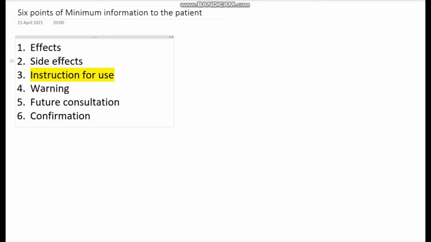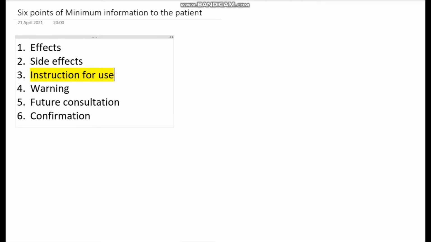For example, if a drug has to be taken in the morning, or if it is to be taken in the night time before bed, or it has to be taken before food, or it's to be taken after food, what you should not take along with the drug, and you have to take it for a complete week or for 2 weeks or for 2 months or 3 months. So that's basically what is the instruction for use. And that is a very important point to consider whenever you instruct a patient regarding any particular therapy.